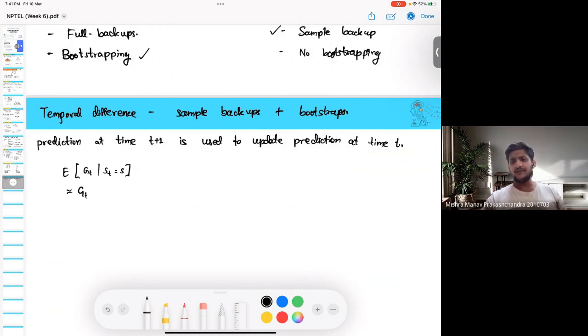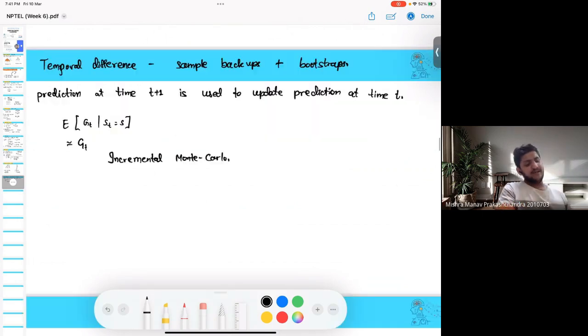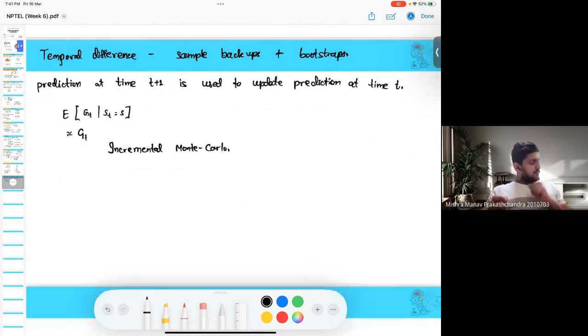Now it turns out there is an incremental way in which Monte Carlo can be done, right? My incremental Monte Carlo can be done by a method called stochastic averaging.